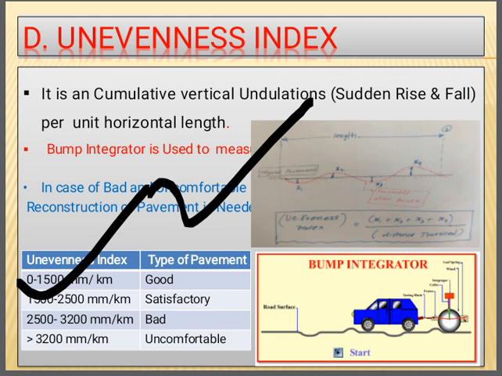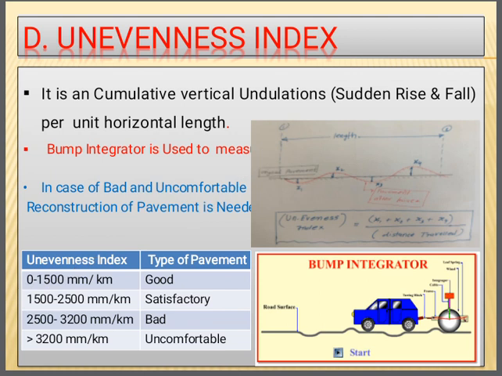If the unevenness index ranges from 2500 mm per kilometer to 3200 mm per kilometer, then that pavement is called a bad pavement.